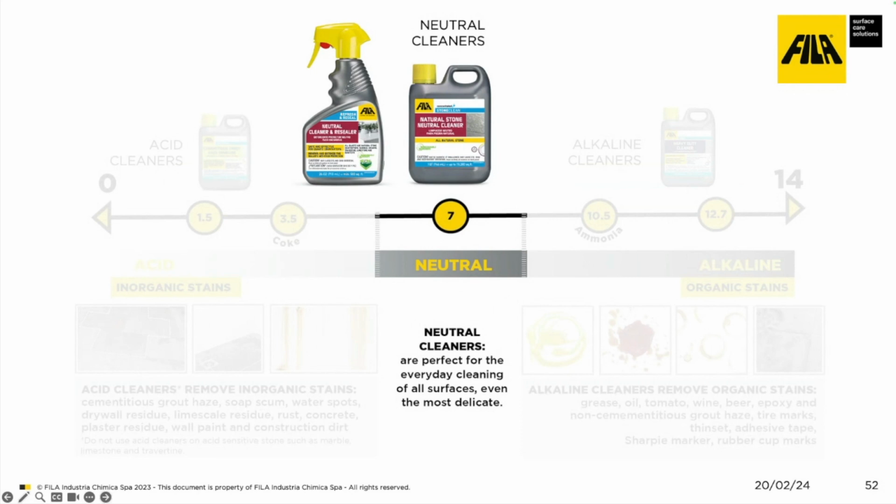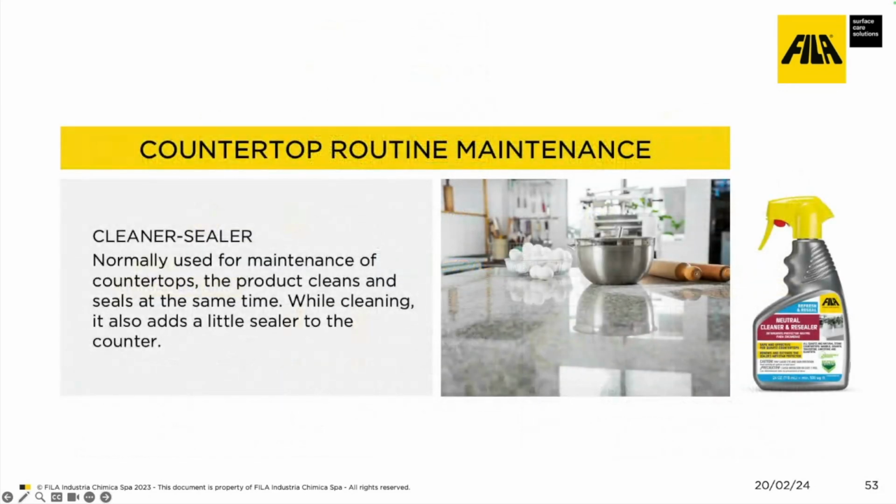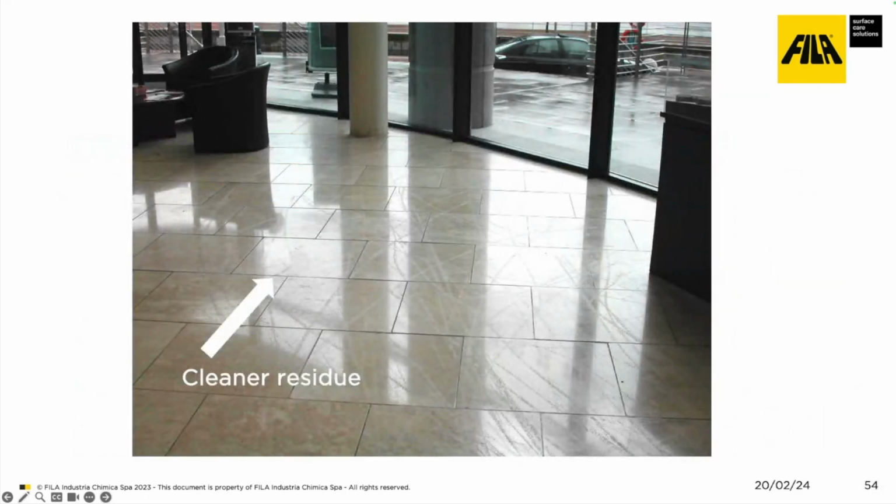Now, let's see an example of countertops where you can use the spray cleaner. We also call this cleaner sealer because it also contains a very minimum amount of sealer. So every time you clean, you also add a little bit of sealer. It's more practical, obviously, for countertops, even if you can use it everywhere, but that's ready to use.